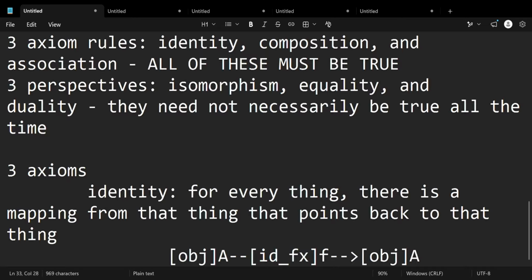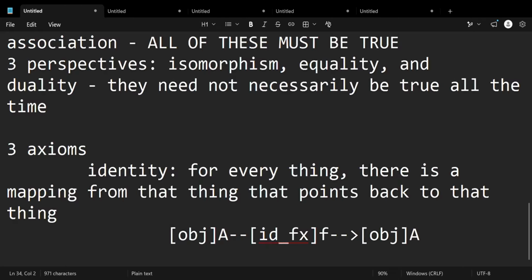So for everything in our category, this is always going to be true. You don't always have to explicitly write this, but you should imagine that this is always true for everything in the category and including the category itself.